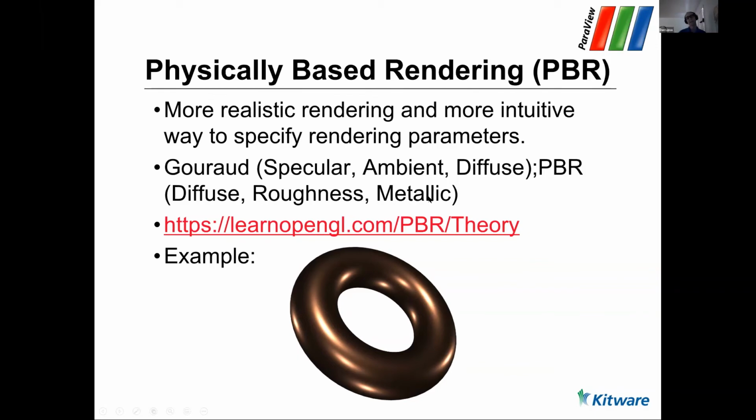Metallic 0 is more like plastic. Metallic 1 is more metallic, you have more reflections there. So different parameters and also different lighting equations. There is not much difference in rendering speed, because everything is done in shaders. So there is not much difference if you use the classical shading or physically based rendering.